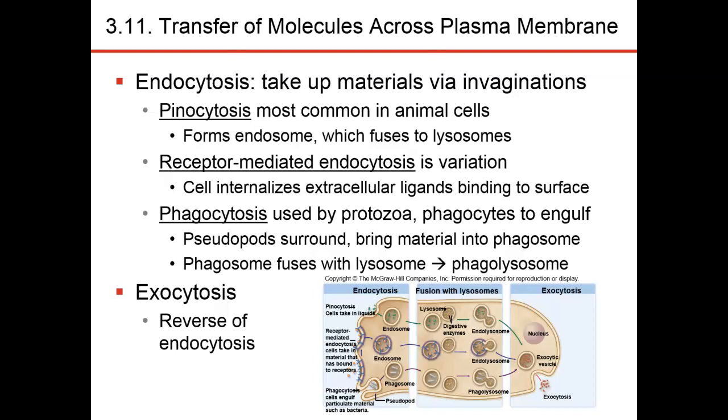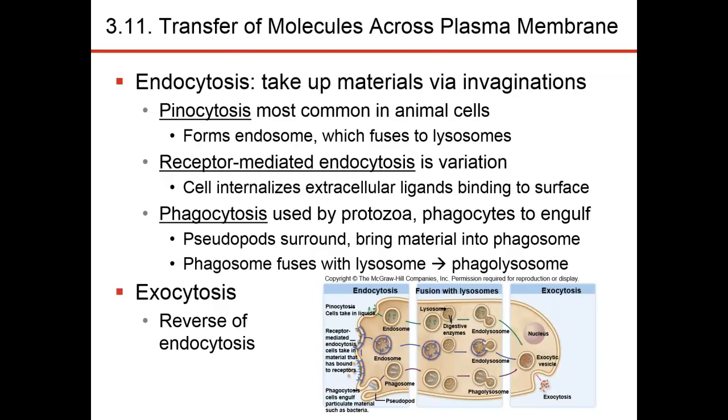You take in a large molecule, you might take in an entire bacterial cell or a damaged cell or a large amount of material. You form a vesicle with the plasma membrane around that material, pull it in, and then you fuse to a lysosome, and the lysosome can degrade the material.